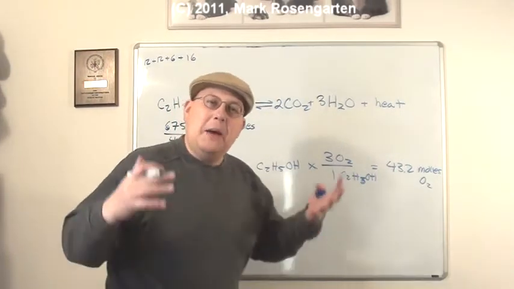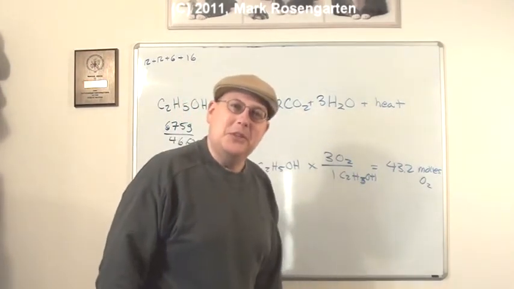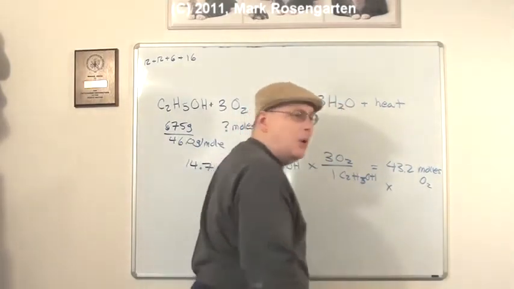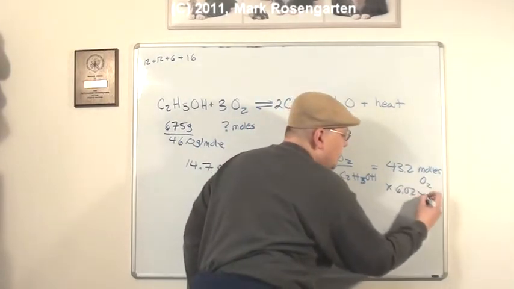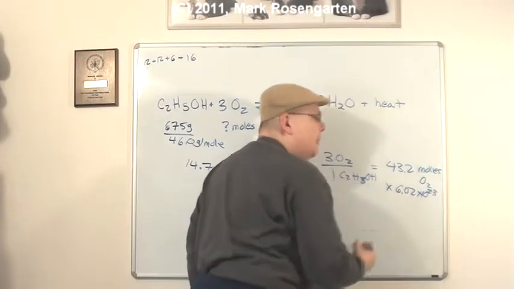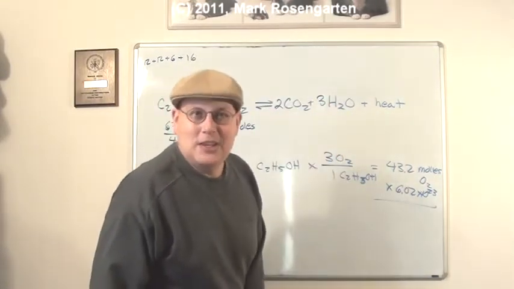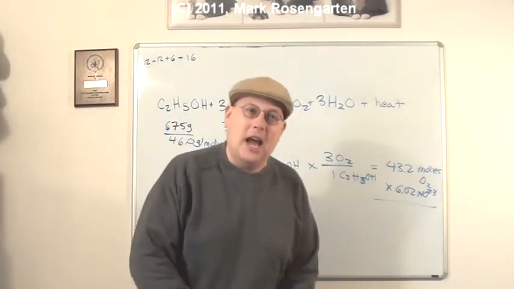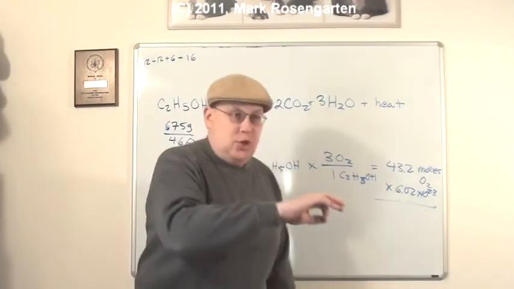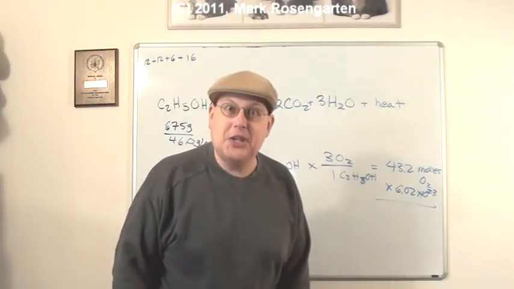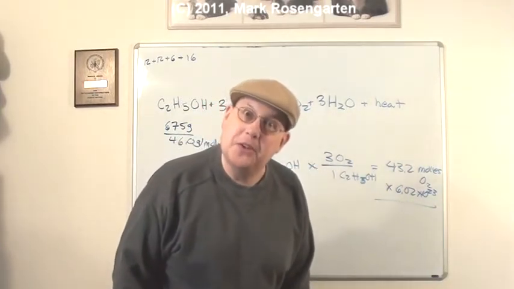If you want to find out how many molecules of oxygen it's going to take to do the job, you just simply multiply it by the number of molecules in a mole, 6.02 times 10 to the 23rd molecules per mole. And that'll tell you how many molecules of oxygen. Of course, you're not going to sit around counting out 1, 2, 3, because there aren't enough seconds in the universe to figure this out.